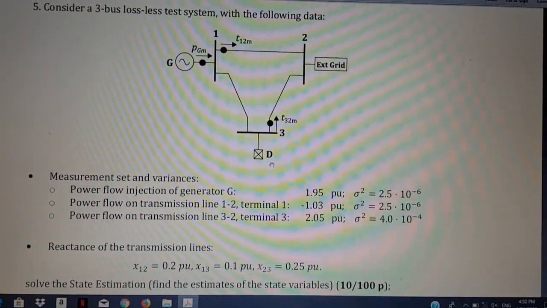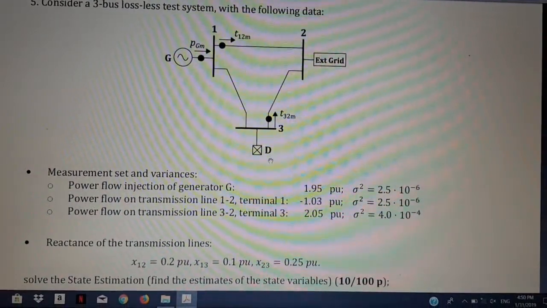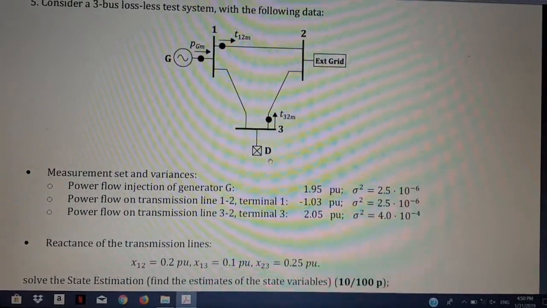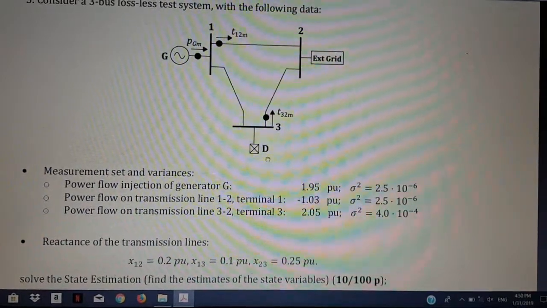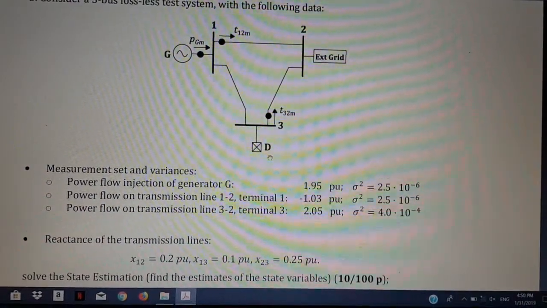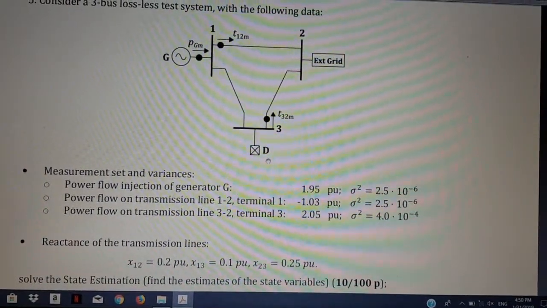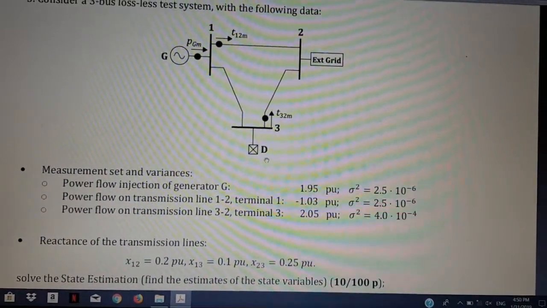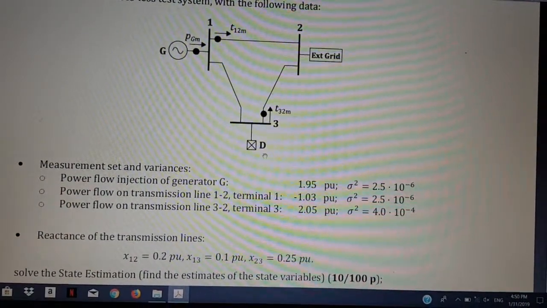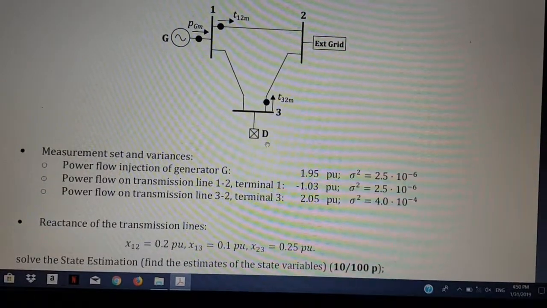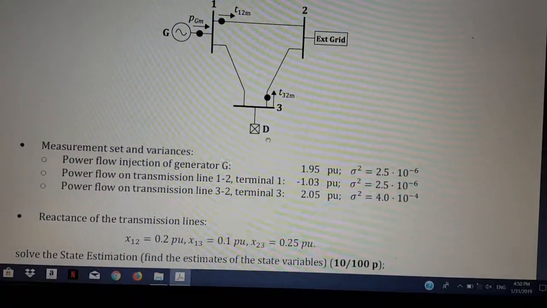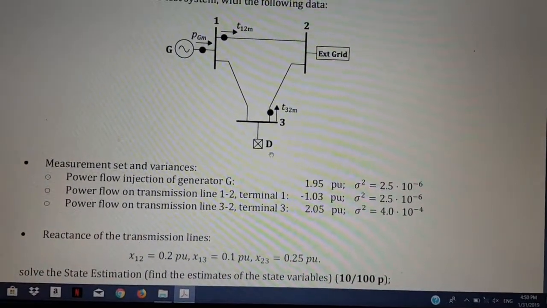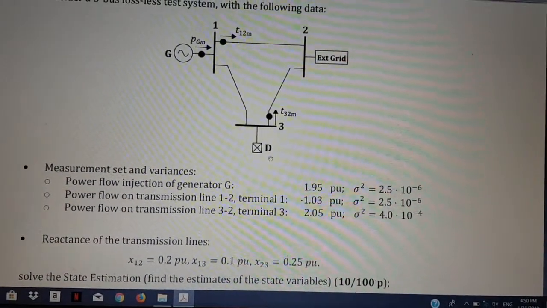The given values are the power flow injection of generator G, the power flow from bus bar 1 to 2, and the power flow from bus 3 to bus 2. The reactance of the line is also given. We have to solve the state estimation.